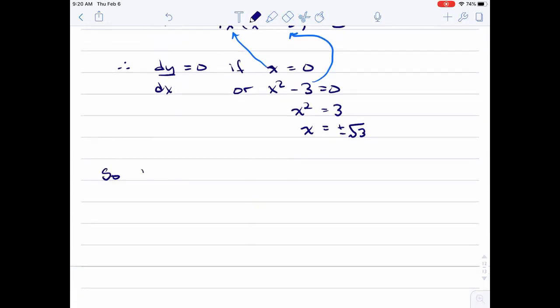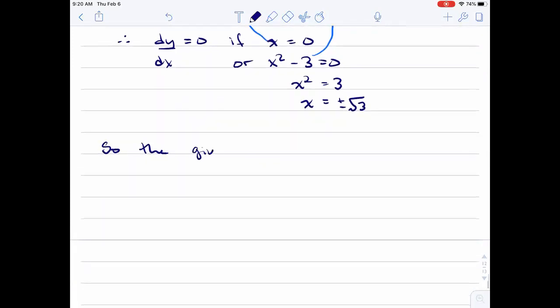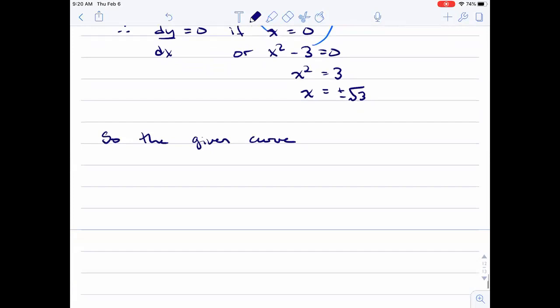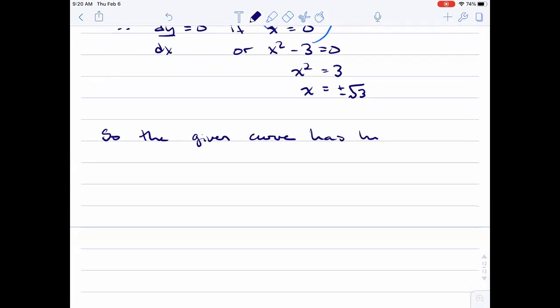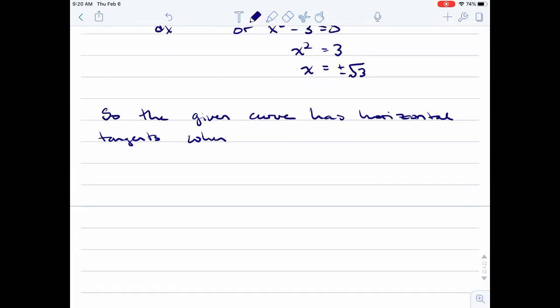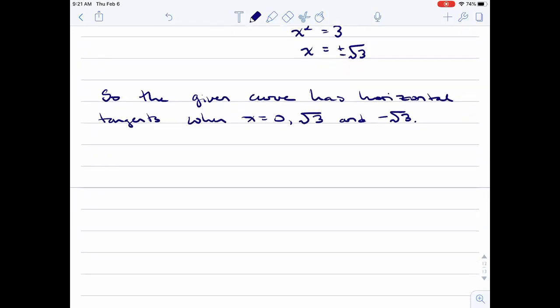And so the given curve has horizontal tangents when x equals 0, root 3, and negative root 3. We can plug these into the original equation to find what the values of y are.